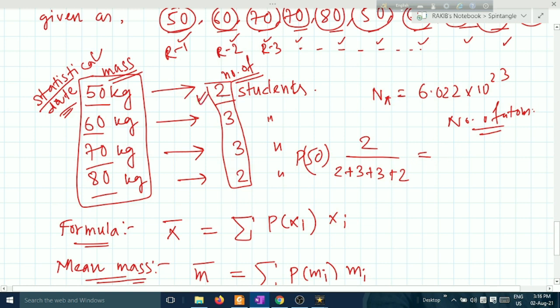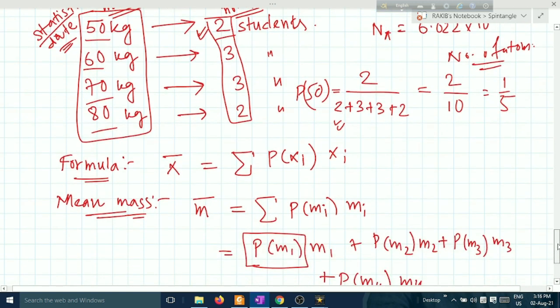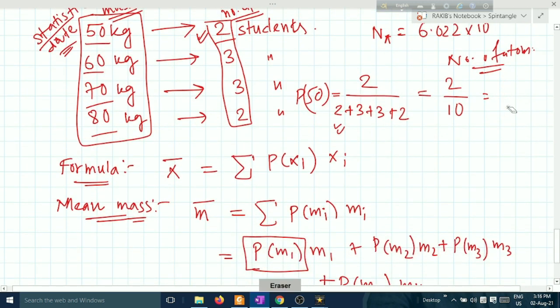Because there are 2 students having 50 kg of mass, and the number of total students is 2 plus 3 plus 3 plus 2. This will be 2 upon 10, which means 1 by 5. You can write it like 2 by 10, it will be easier to calculate.